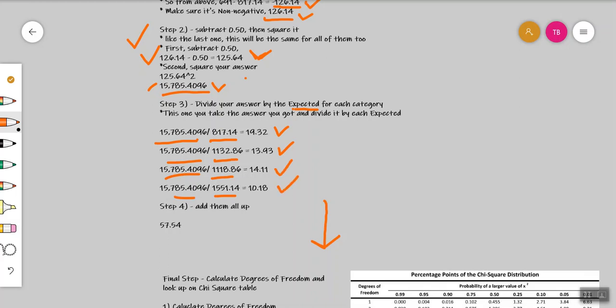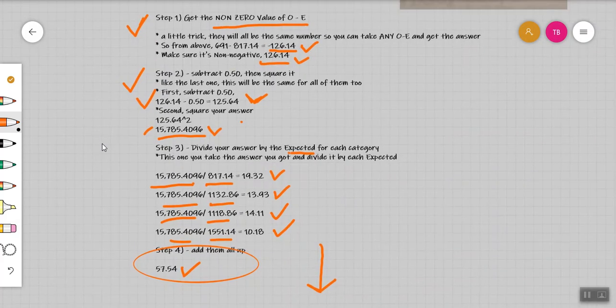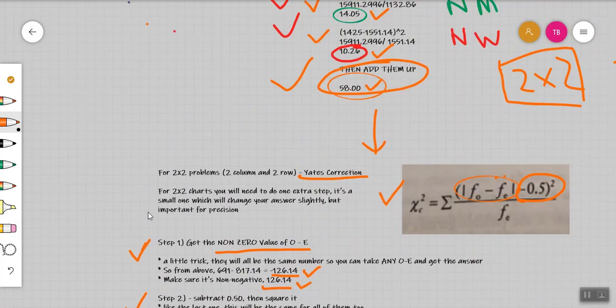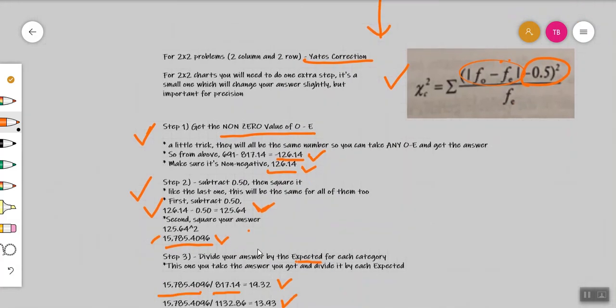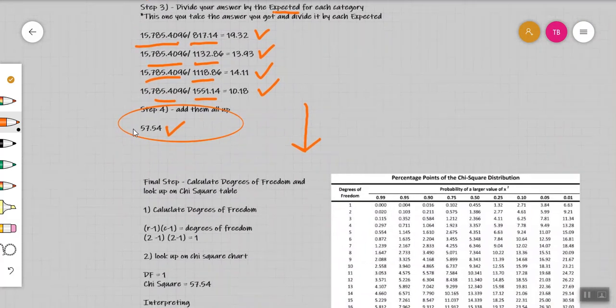And just like before, your final step is to add them all up. This time you get 57.54 as your final chi-square number, whereas right before you got 58. So very close in number because you only subtracted that 0.5 from each category. But it's important to do this in 2 by 2s. So you add them all up, 57.54.